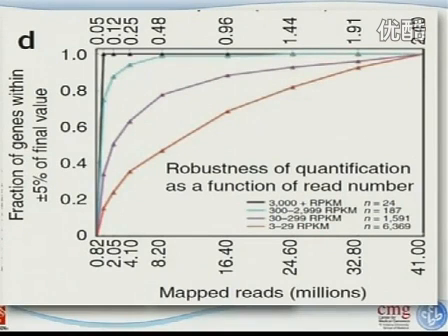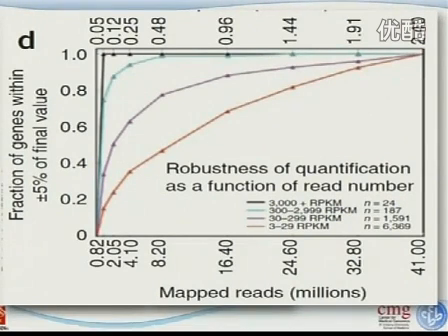Okay, so then let's look at this black line here. You probably just see an angle here, and this is for the genes that are larger than 3,000 RPKM, and actually there are not too many genes above 3,000 RPKM. They are very, very highly expressed genes, but even though we didn't sequence very deep, you can get very accurate results.